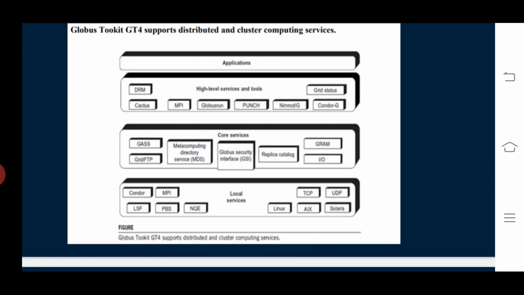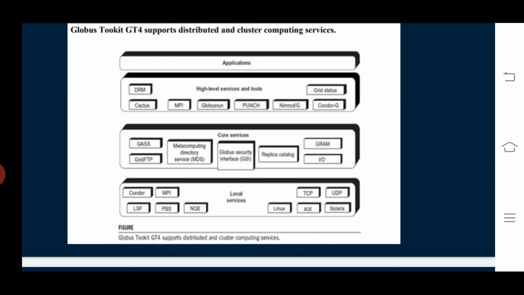OGSA, in the sense Open Grid Service Architecture, and one more, Open Grid Service Infrastructure, and WSRF, in the sense Web Services Resource Framework, and one more, Job Submission Description Language, and DRMAA, in the sense Distributed Resource Management Application API.